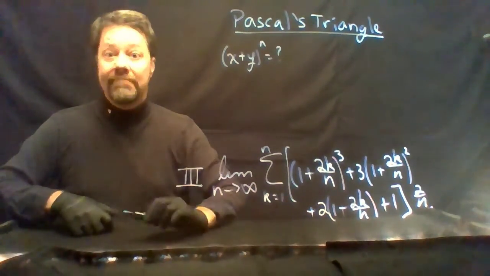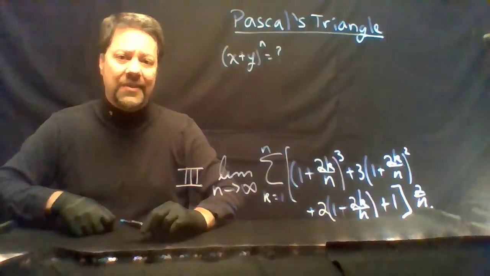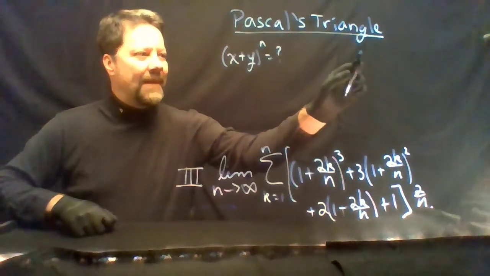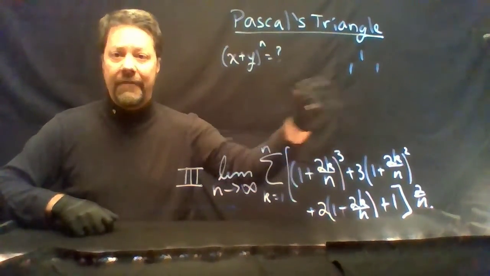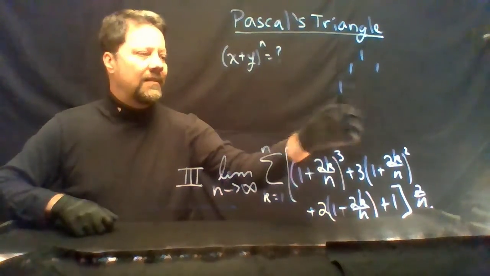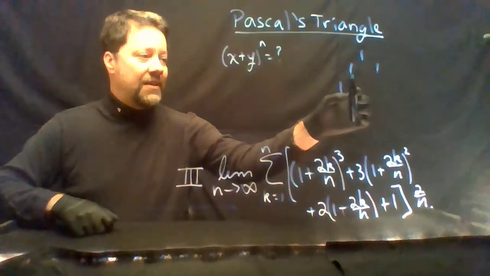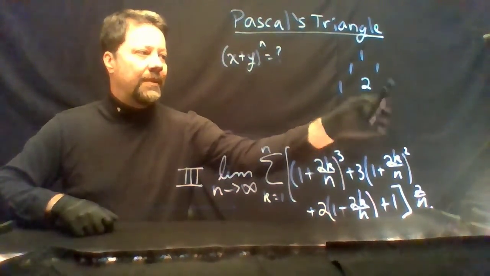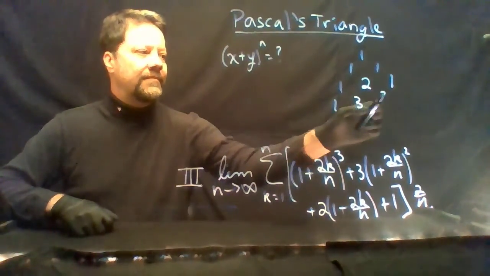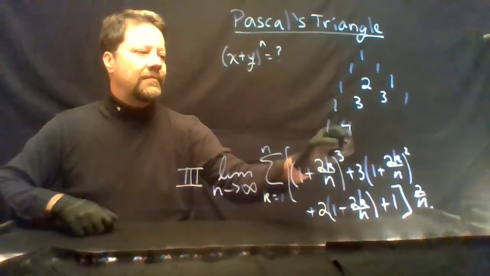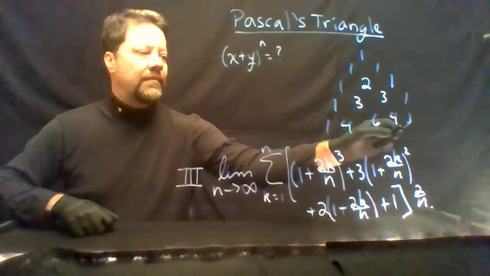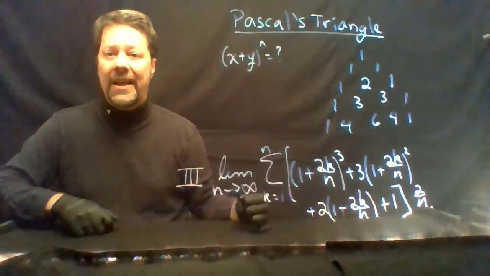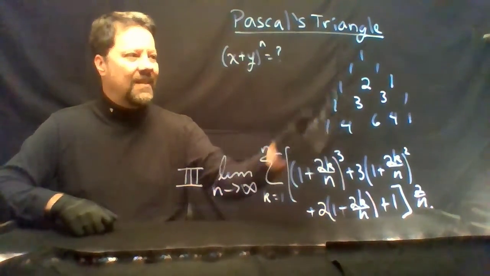In particular, what are the coefficients of powers of x and y? Pascal's triangle, every new row begins with a 1, and then the next row entry is the sum of the two above. Every row also ends with a 1.